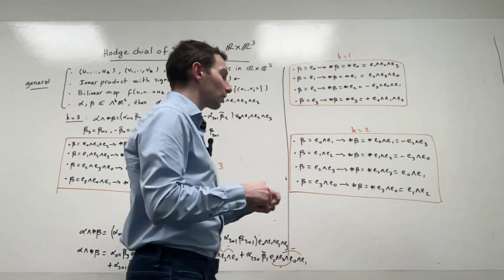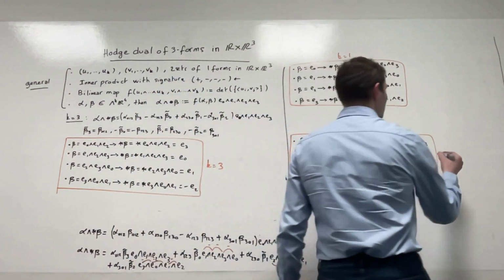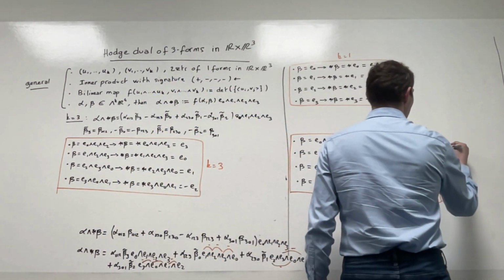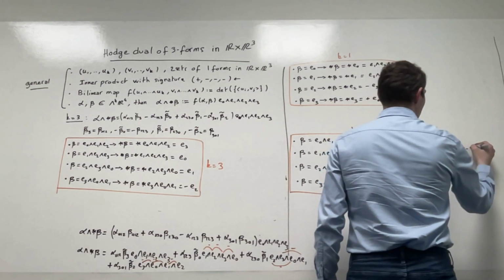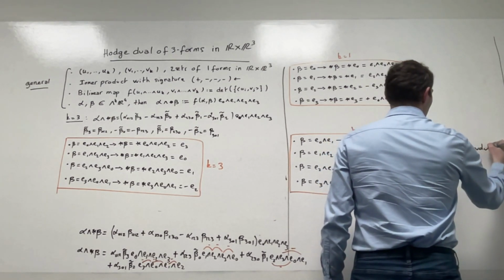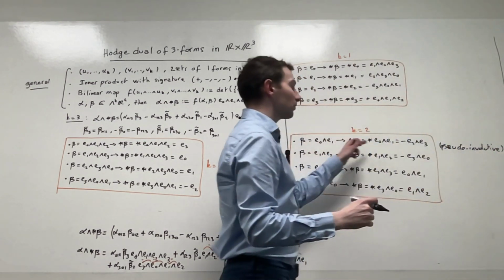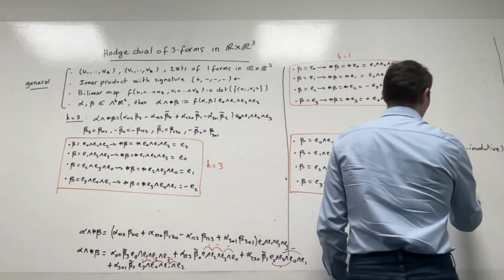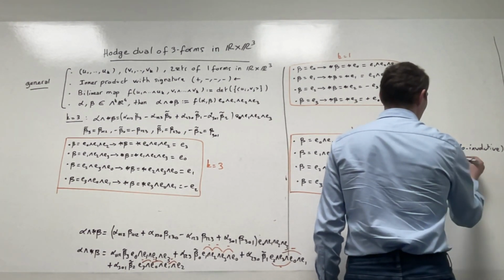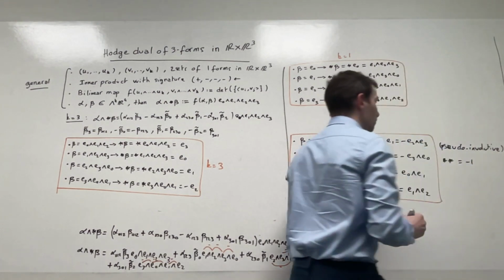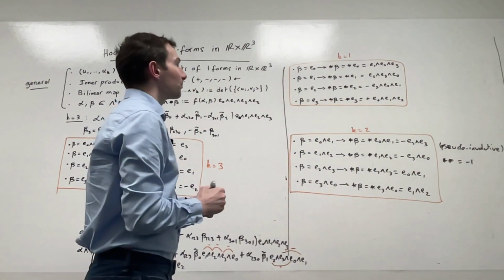So again, you're going to get something with a minus sign. So what we can see here is that this is pseudo-involutive, in the sense that if you have one of these two-forms, star star is equal to -1. That's the idea.